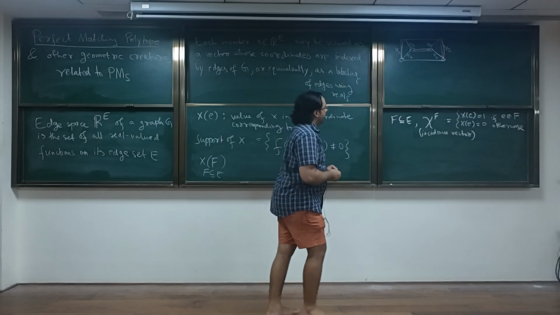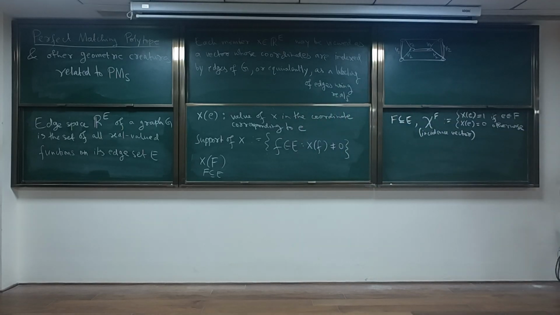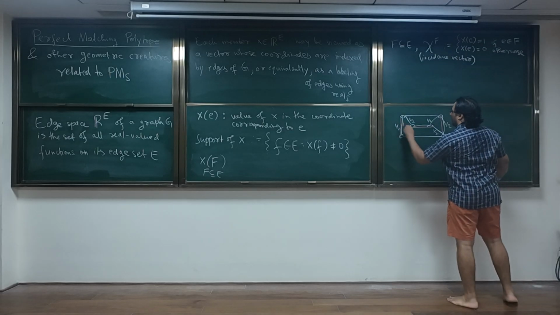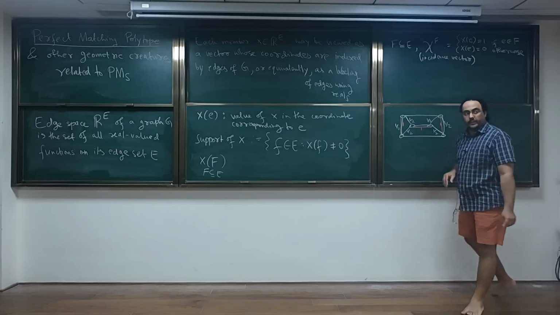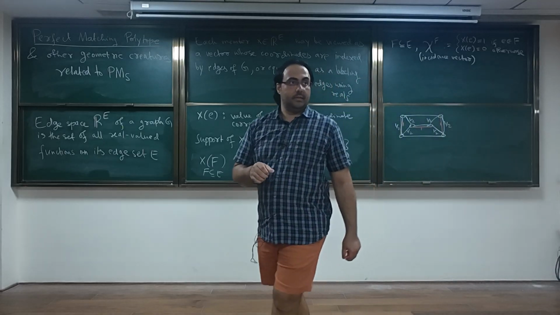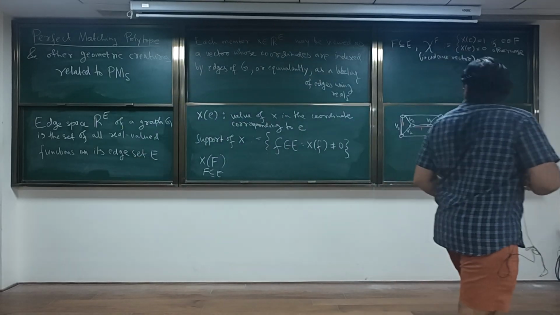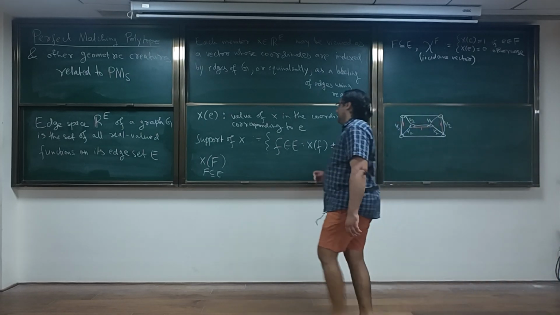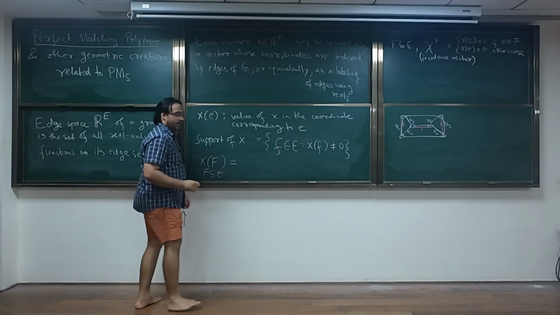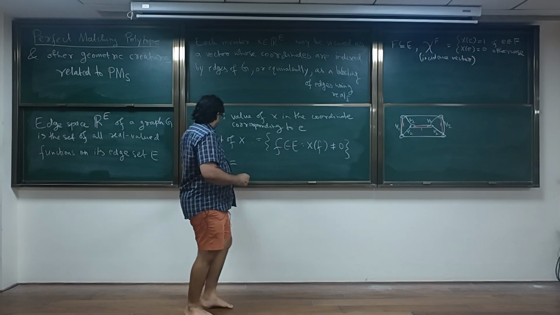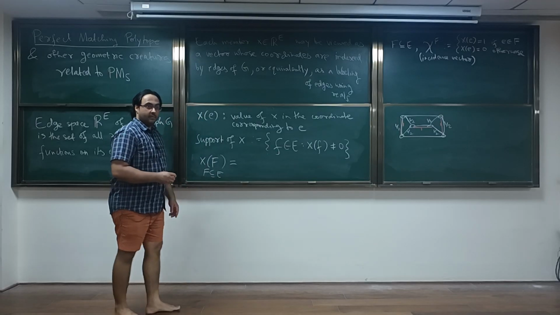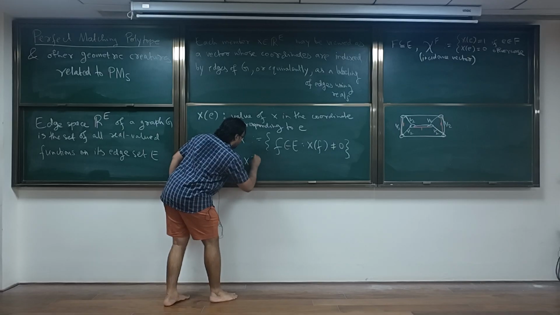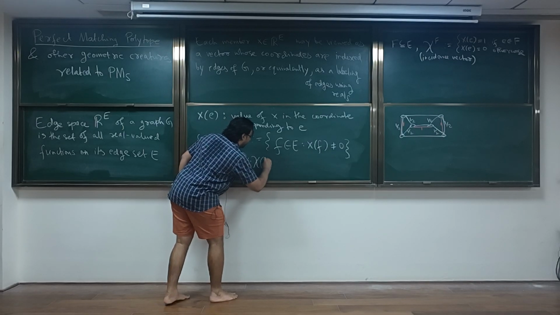So therefore the pink perfect matching corresponds to the vector that has 1s in these entries and 0s everywhere else. And now one way to define x of F is simply the dot product of x with the incidence vector of F.